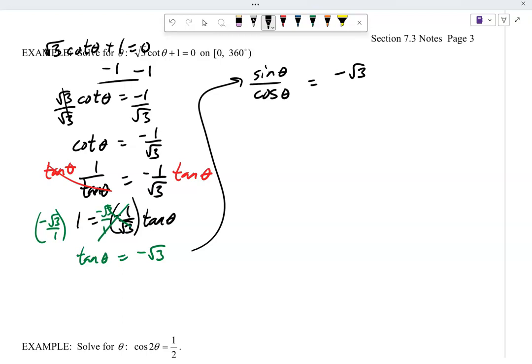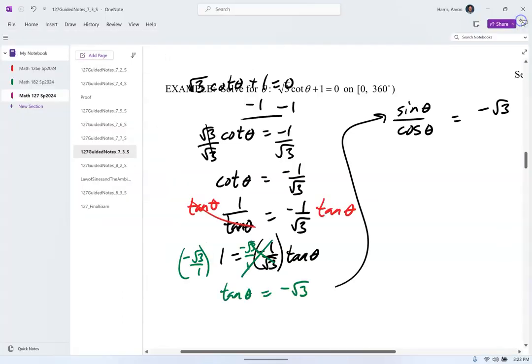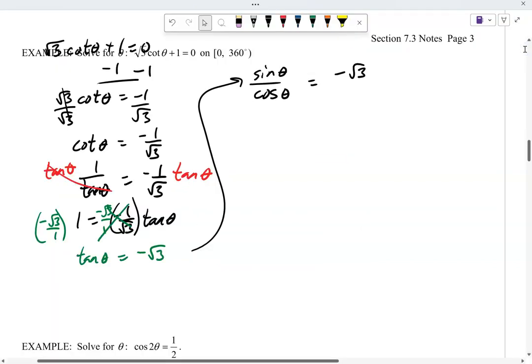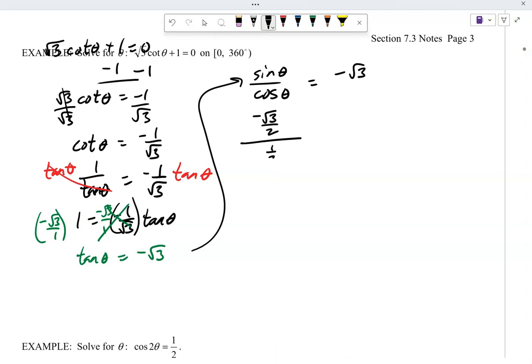And so we're looking, if you notice on our unit circle, if we can get the sine to be negative root 3 over 2 and our cosine to be a half, that would work. Or if the sine was root 3 over 2 and the cosine's negative a half, then that would also work, right?